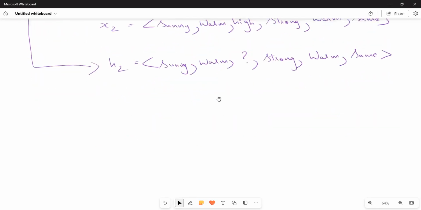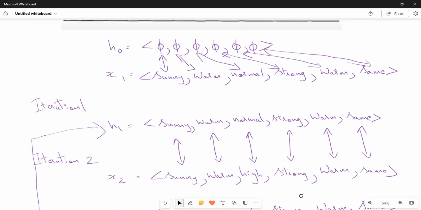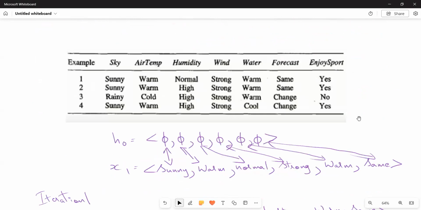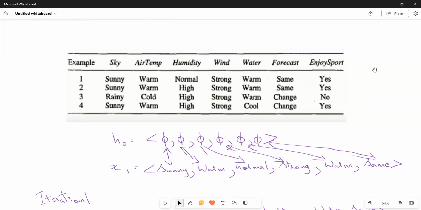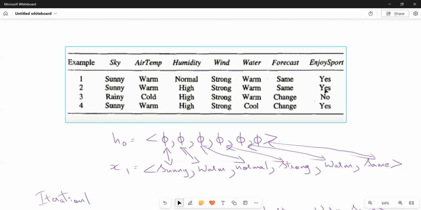Coming to your hypothesis 3, when you start working out your iterations, the first thing you are supposed to check is your outcome. For the first two examples, we had yes as the outcome, that is positive, and the third one is negative.